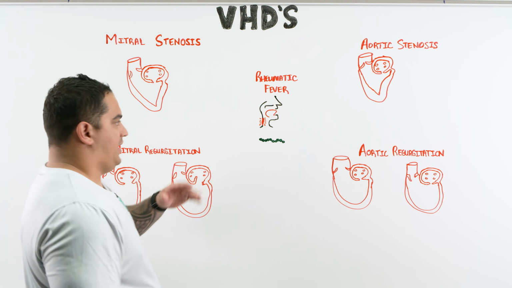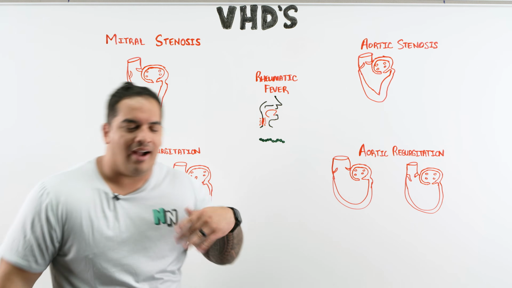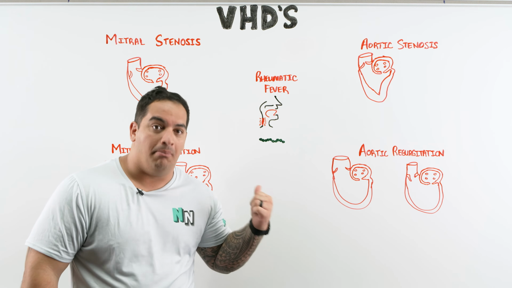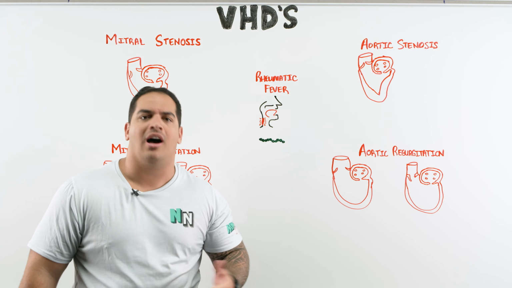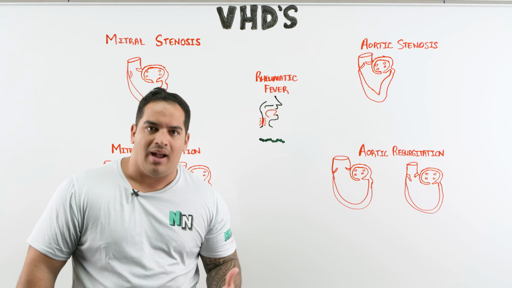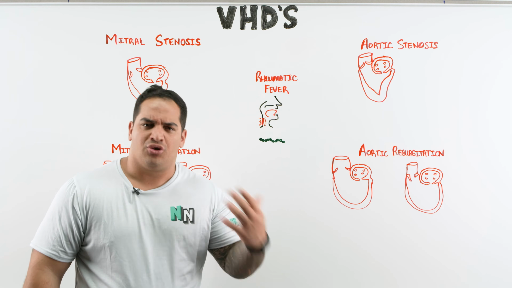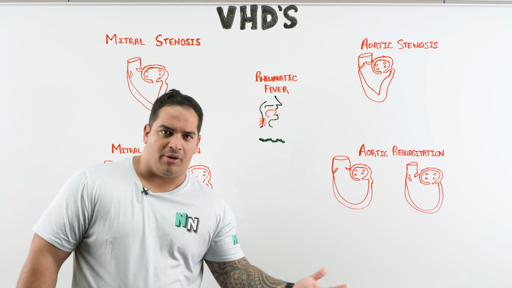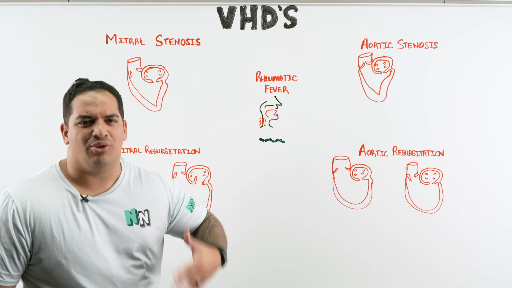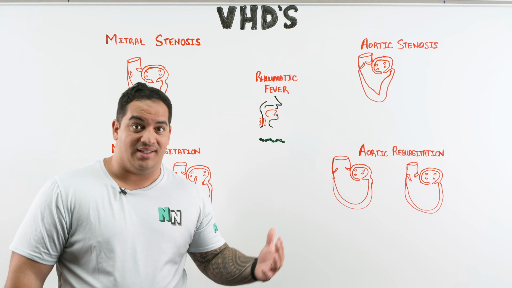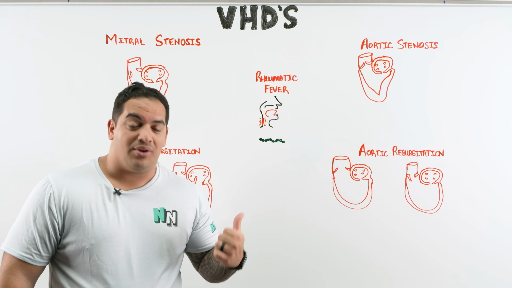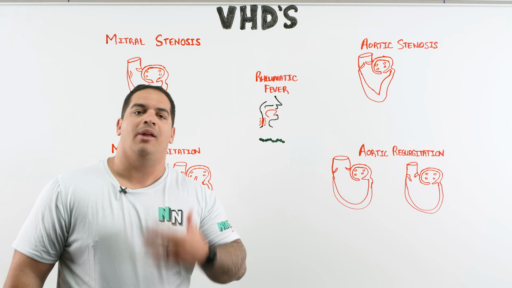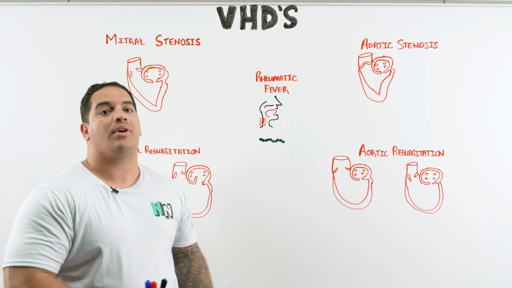So valvular heart diseases, there are a couple more that aren't really listed here. They are just super uncommon and not very high yield, so I'm not going to spend time on those. That's your tricuspid stenosis, tricuspid regurgitation, pulmonary stenosis, and pulmonary regurgitation. Those aren't super common. The left heart valvular disorders are much more common and more likely to be tested on, so let's focus on those.